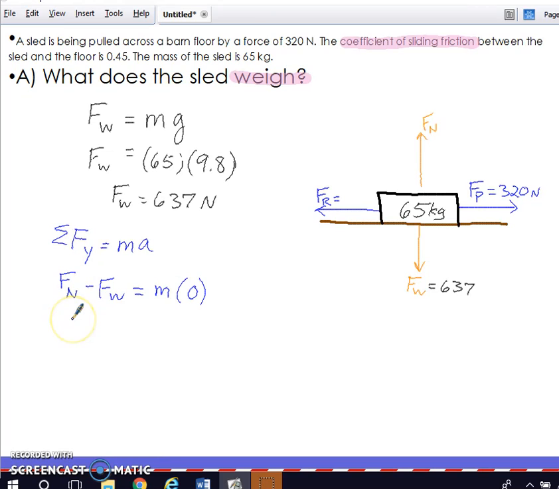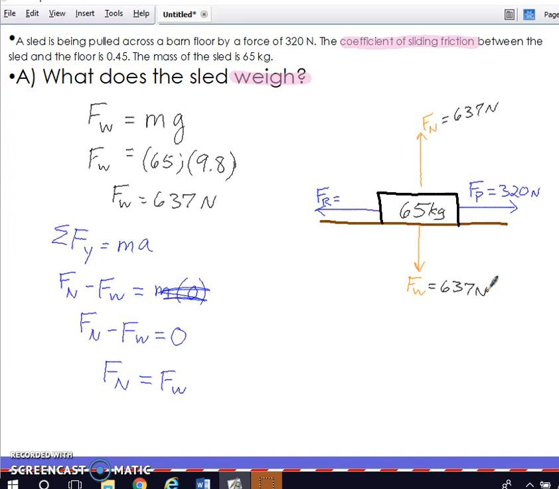So that goes away. That all goes to 0. And I have Fn minus Fw equals 0. So I just move Fw to the other side. Fn is equal to Fw. And what is Fw? It's 637. So Fn is 637 newtons as well.